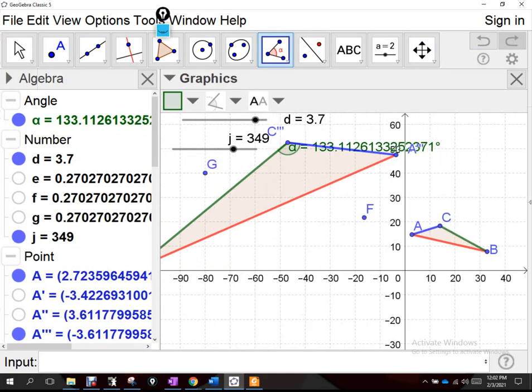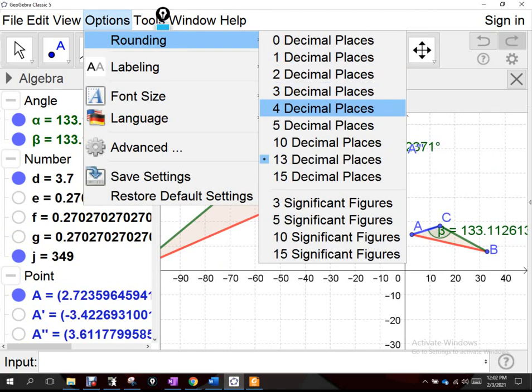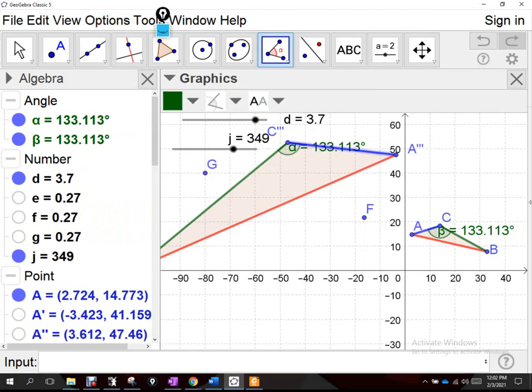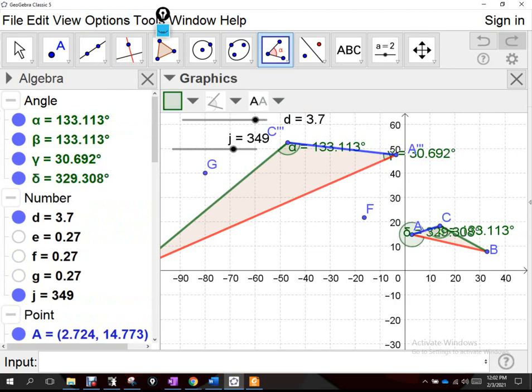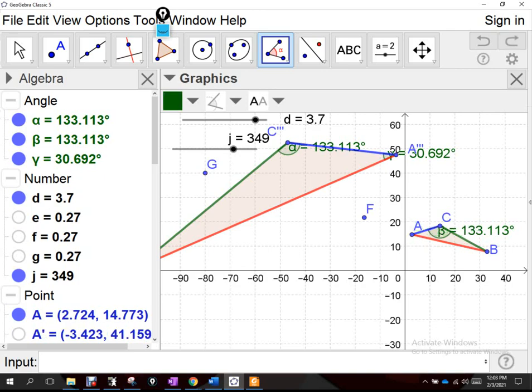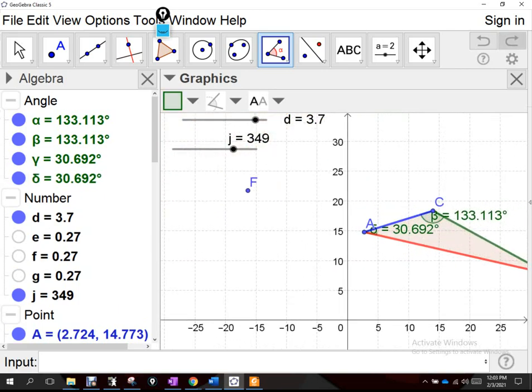So come down here, look at the corresponding angle between the green and the blue. Is it the same 133? Okay. Between blue and red, it's 30.692. Between the blue and the red down here, you see it's the same 30.692, right?